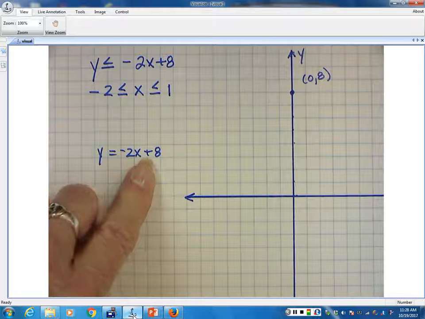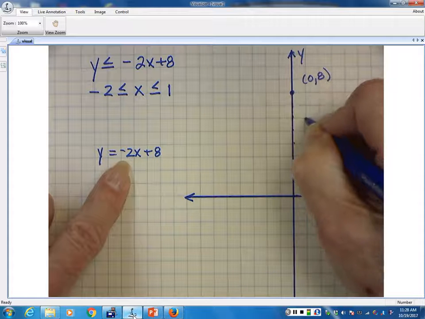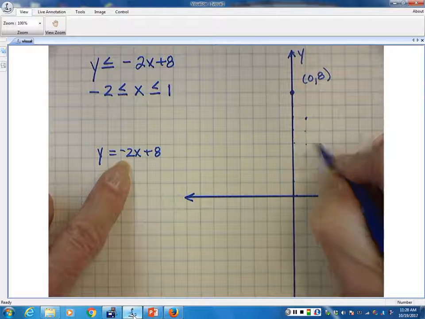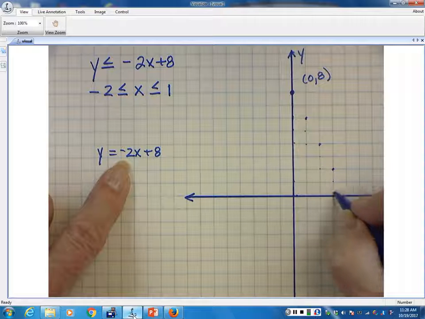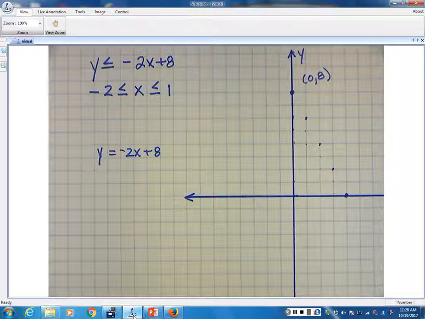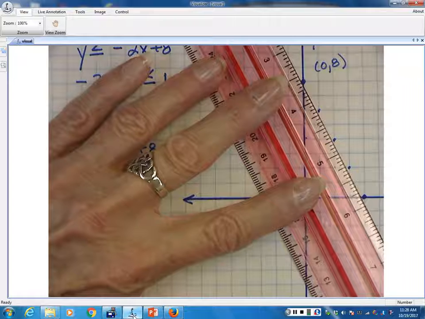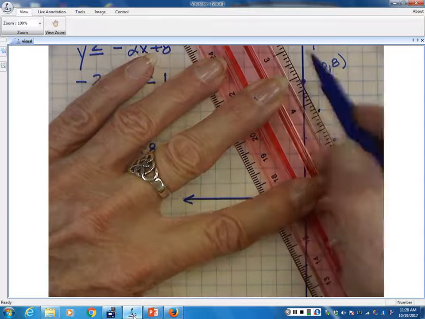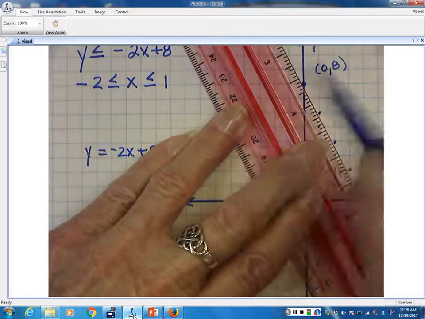Then I'm going to use the slope, which is negative 2, so I'm going to go down 2 and right 1, and repeat that. And because it's equal to or less than, I'm going to make it solid.